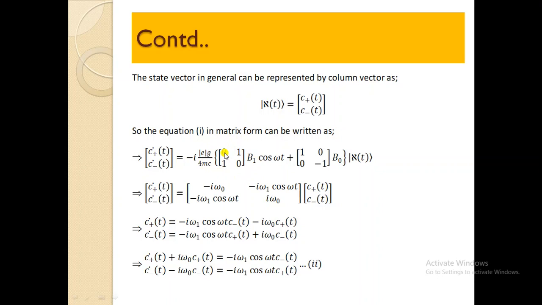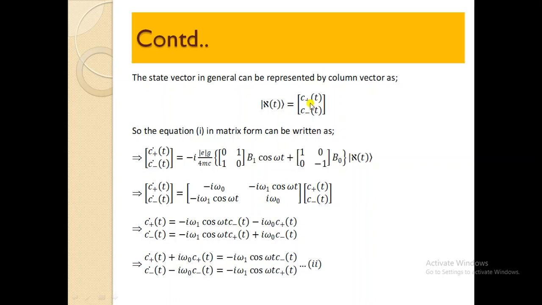Its value we have already found; you can watch my previous video if you become confused. We have already found 0 1 1 0 and b1 cos omega t as it is, plus this, the Pauli spin matrix along the z direction, which we have also already found. It is 1 0 0 minus 1, and b naught from before, and this xi t will represent the state.